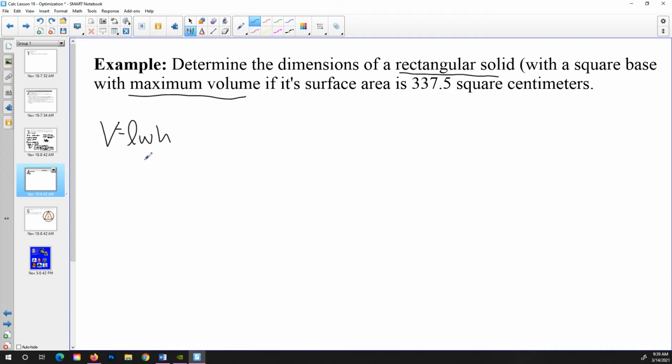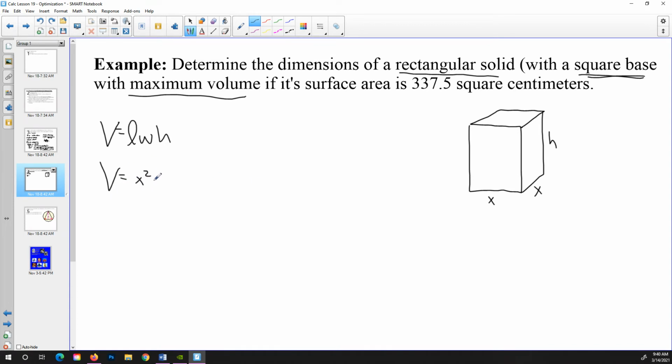But we do know some other information. First off, we know that this thing has a square base. So if I draw myself a little diagram over here, I know that my length and my width are the same, and I have a height. So already I have changed this down to an x squared h equation. Now we're down to 2.